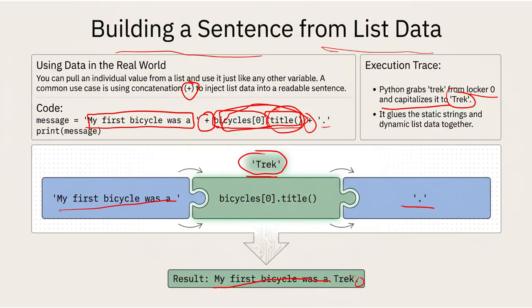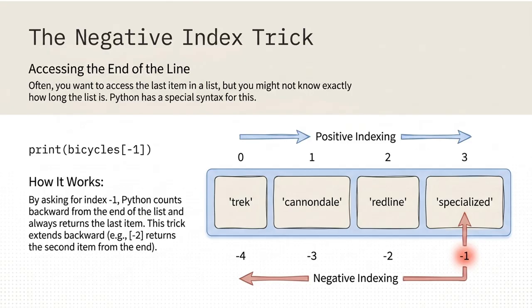After this, it glues the starting strings and dynamic list data together, so it concatenates everything and gives you this final string. That is what it is essentially. Now let's move on to the next slide.